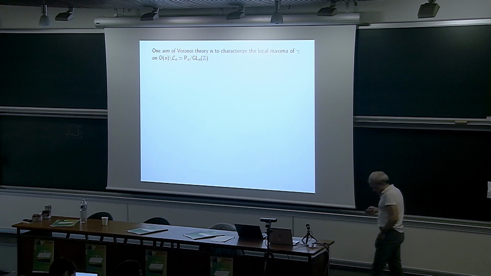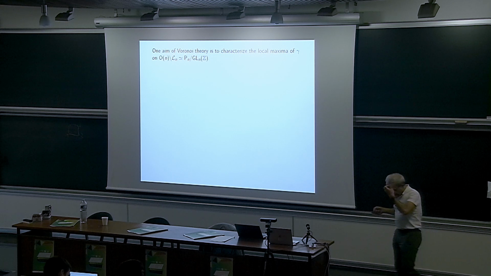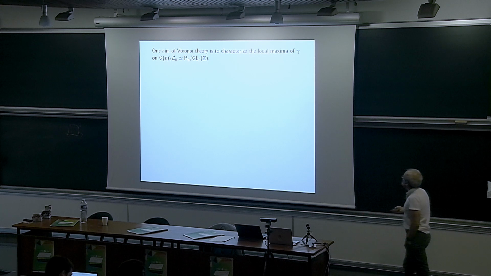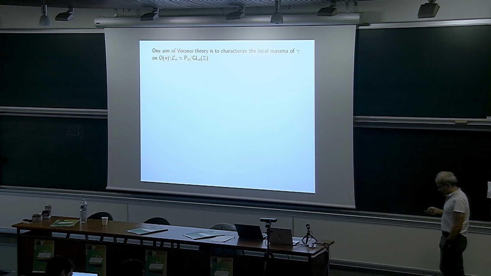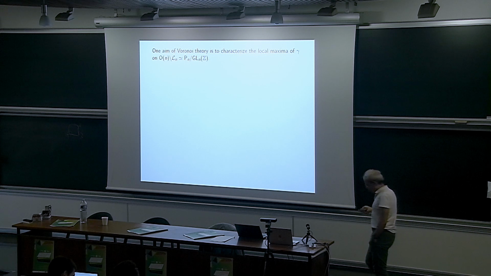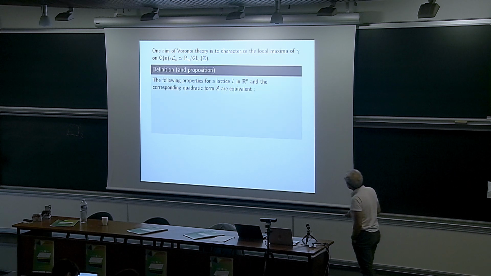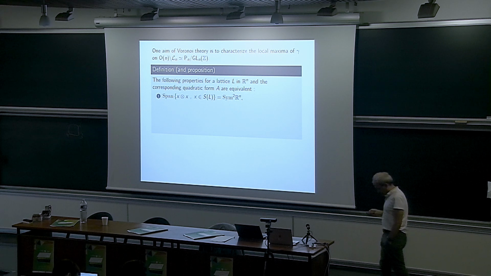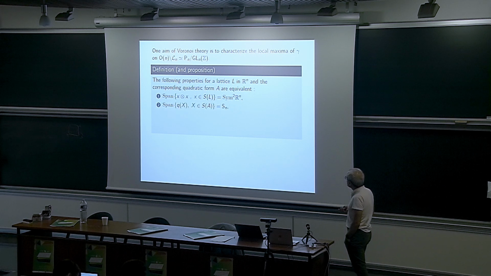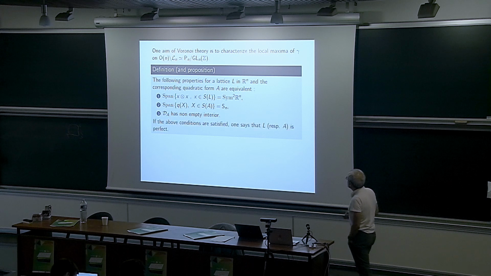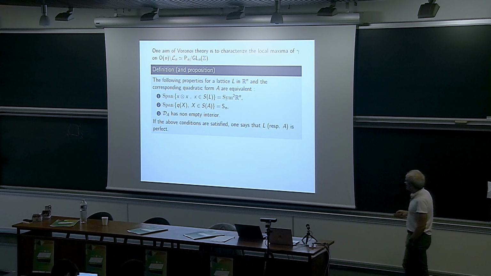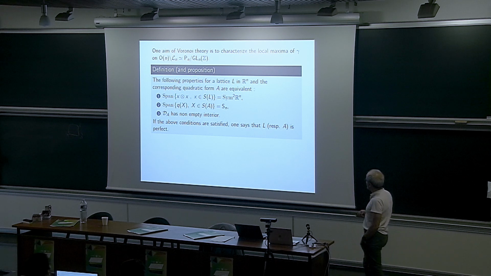Okay, and so what we will see now is that there is a way to characterize the local maxima of the density using this Voronoi domain. To that end, I need two more definitions. The first one is the definition of a perfect lattice or quadratic form.